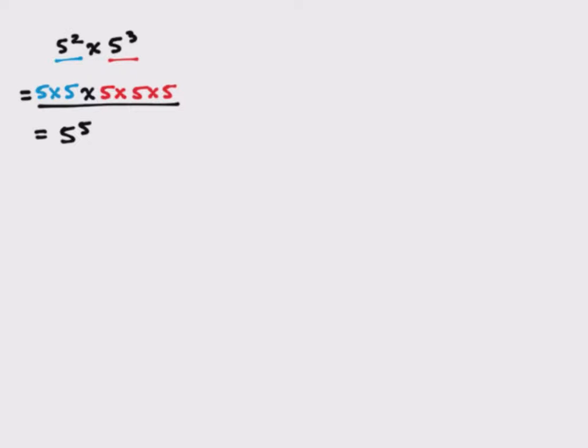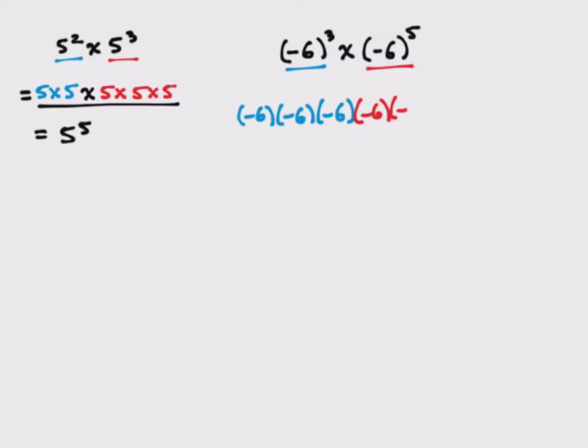Let's try another. How about negative 6 to the third power times negative 6 to the fifth power? Again, this is going to be an even bigger number than last time, but again, I think there's going to be a way to express this number in a nice, succinct, and user-friendly way. Alright, let's explore. Like the last time, we can write negative 6 to the third power as negative 6 times negative 6 times negative 6, and we can write negative 6 to the fifth power as negative 6 times negative 6 times negative 6 times negative 6 times negative 6, 5 times in total.